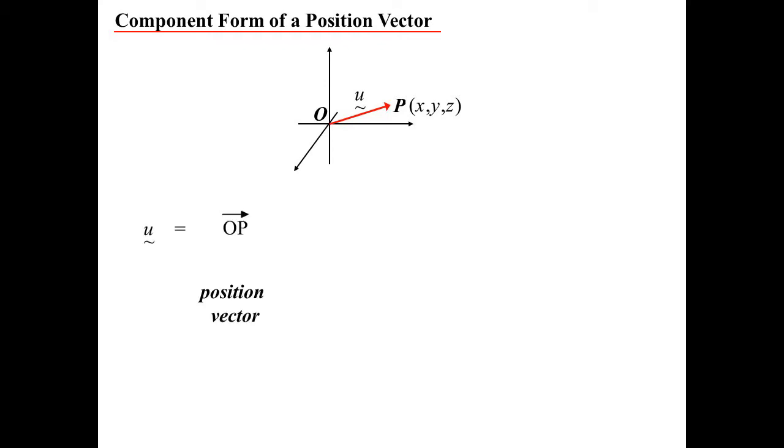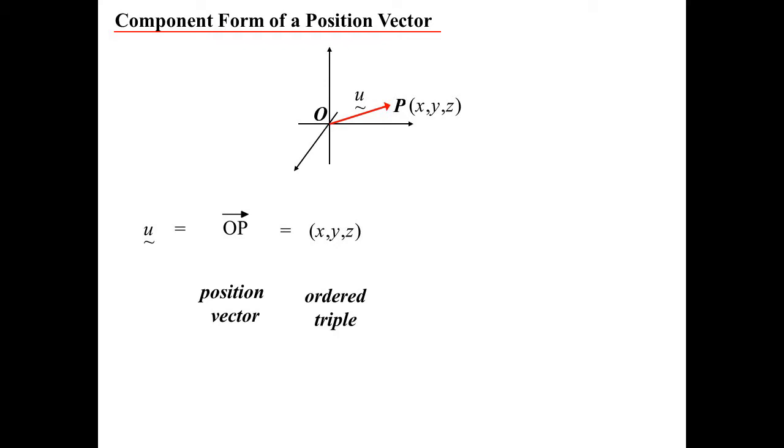How do we write our vector? What does it look like? There's my 3-dimensional space, and I have some vector there, and it's going off to the point x, y, z. Right. U with the tilde underneath, it's still the same notation as 2 dimensions. We're not changing that. OP, still, we're saying that's the position vector. That's not going to change. We no longer have the ordered pair.